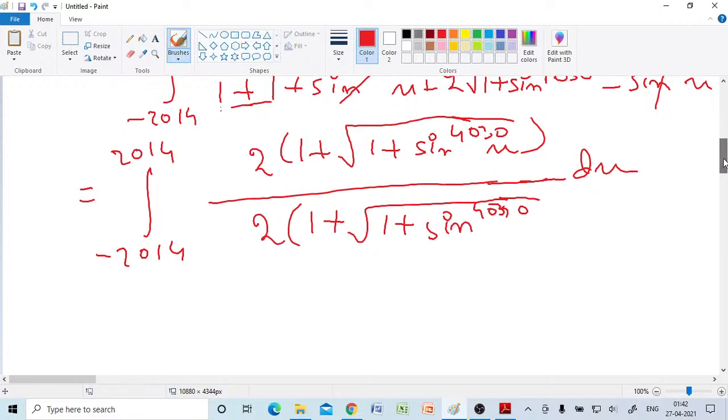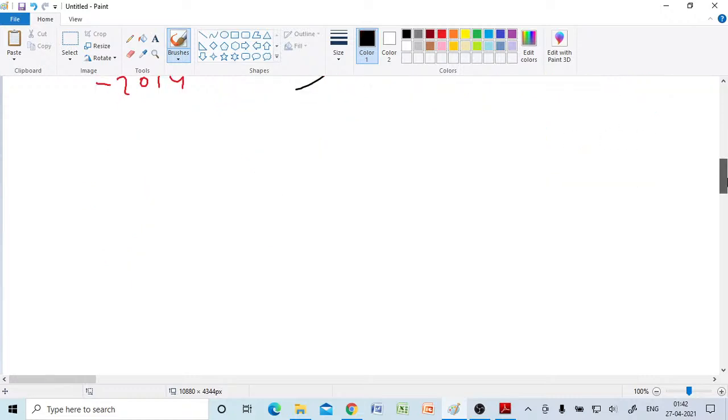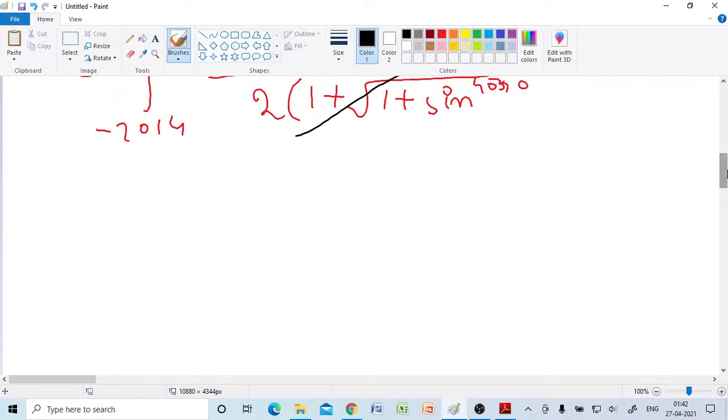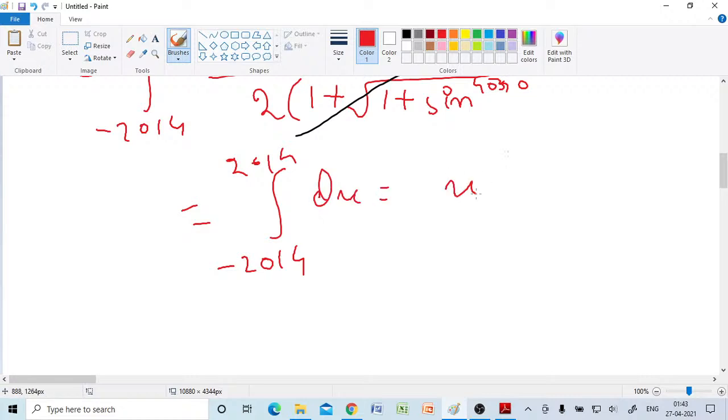Now these are basically the same things, so we just cancel them out. So finally we will have the integral from minus 2014 to 2014 of dx. This is x from minus 2014 to 2014.